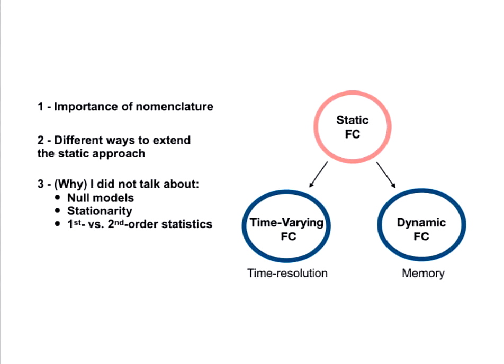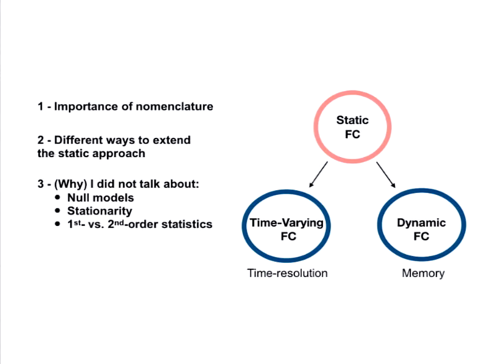A hidden Markov model is stationary. So in my opinion, stationarity is not really informative and does not allow a finer description of functional connectivity properties. It's important to know what it is, but if we stick to the definition, it is not the most important property to describe functional connectivity dynamics. These terms, static, time-varying, memoryless, dynamic, are, in my opinion, more important.